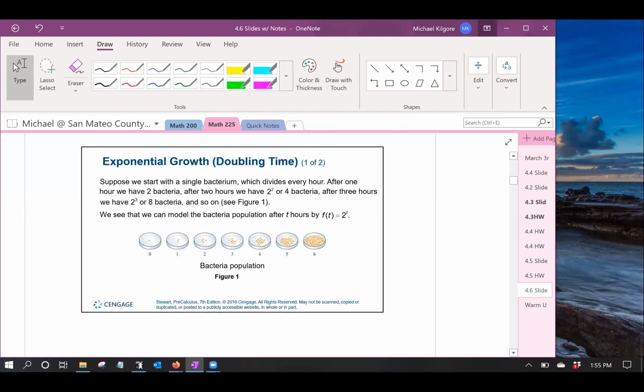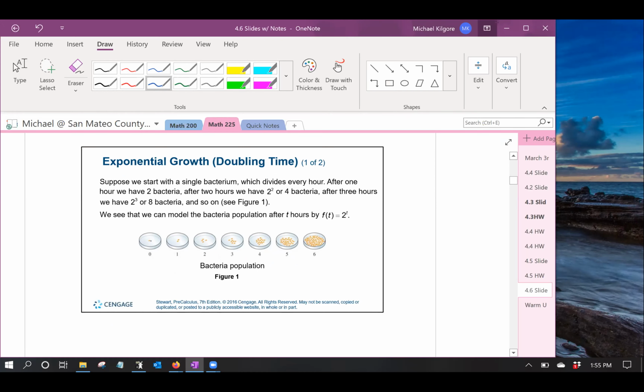Well, suppose we start with a single bacterium. Petri dishes actually have food for bacteria, which is basically like Jello, but a sterile Jello. In the Jello, the bacteria gets food, kind of like bacteria on your lunch meat.